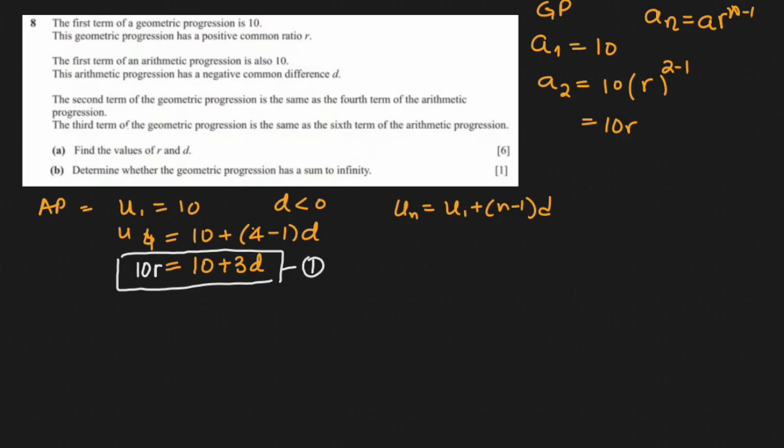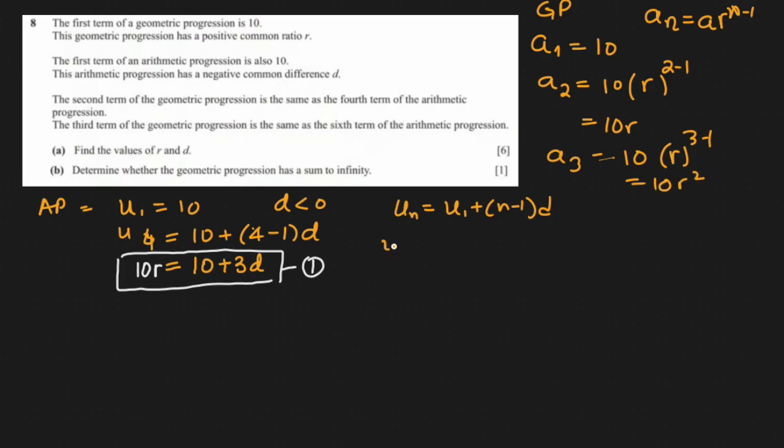Second, the third term of the geometric progression is the same as the sixth term of the AP. By the same method, please pause the video if you want to make the equations yourself. I'll start after 3 seconds. Okay, so A3 is equal to 10 r to the power 3 minus 1, which is 10r squared.